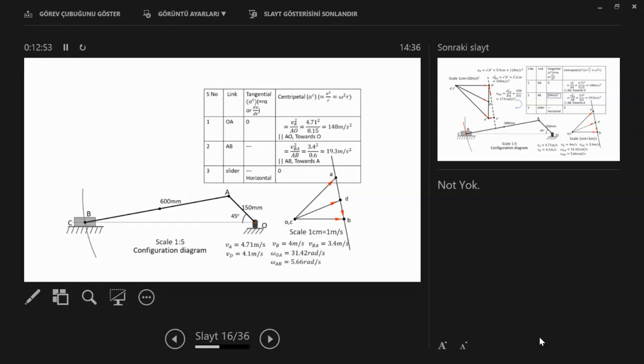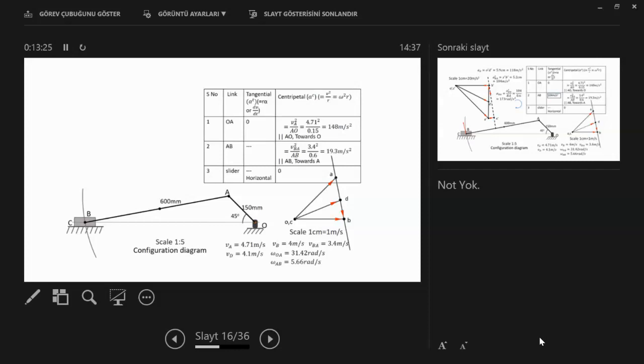So this is the tangential part, and this is the centrifugal normal part. Tangential, normal, for each link. But I know this for the beginning. For link one, I know the tangential component is 0 because the speed is constant.